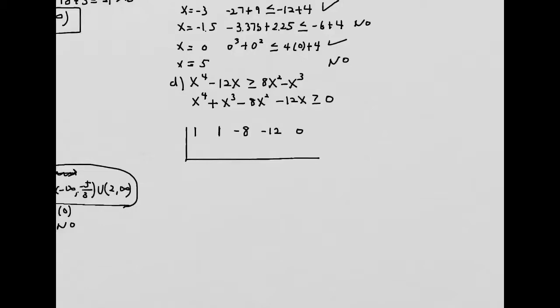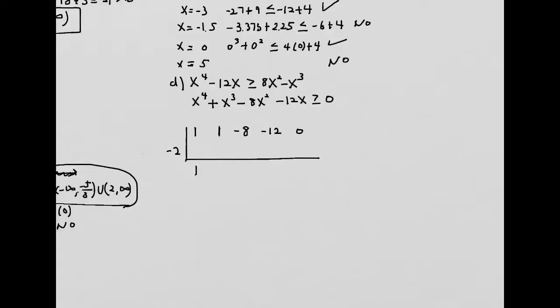One of the factors of 12 should work. Because the first two are positive and the next two are negative, I will try a negative number. Maybe I will start by trying negative 2 first. If this doesn't work out, I will try higher numbers, maybe negative 4. I think negative 4 is too big.